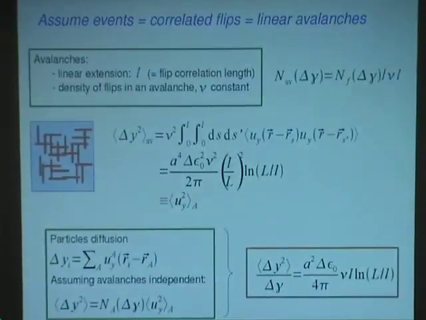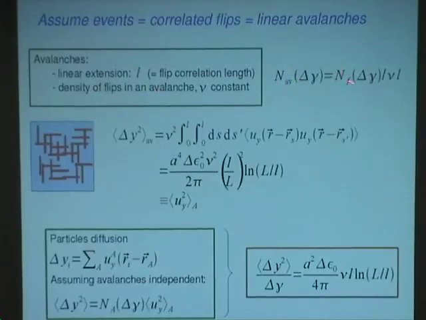And so here we make a very simple assumption. Our simple assumption is that all these avalanches have a linear extension L, and we introduce a typical length scale, which is a way to introduce a correlation between the HLB sources. As soon as we have this, we will have a number of avalanches.